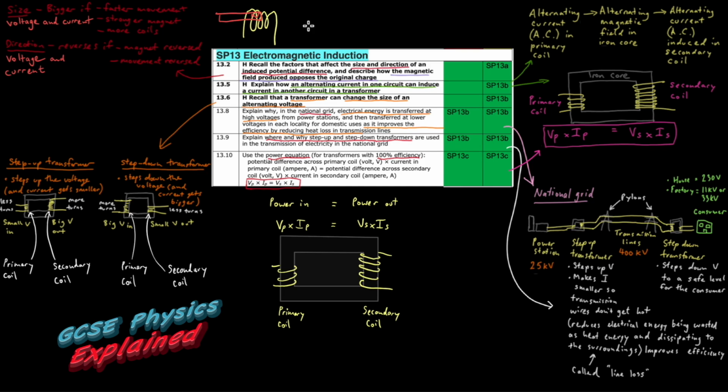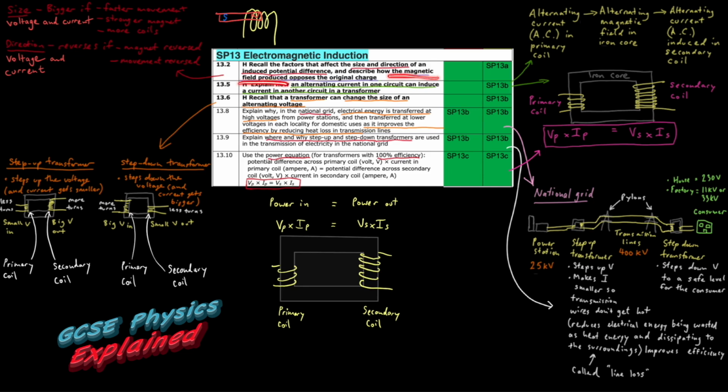There's your north and there's your south. Now, if you push the magnet in, you might get a positive voltage and a positive current. And if you reverse the magnet, so if you pull the magnet out, you're gonna get a negative voltage and current.